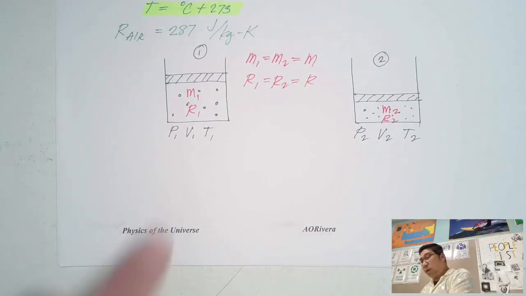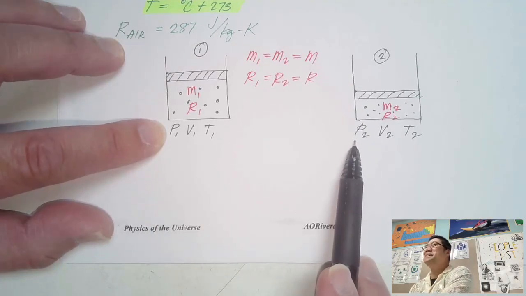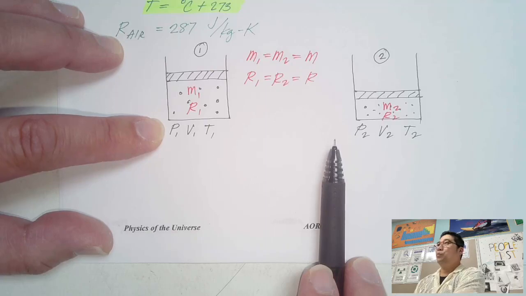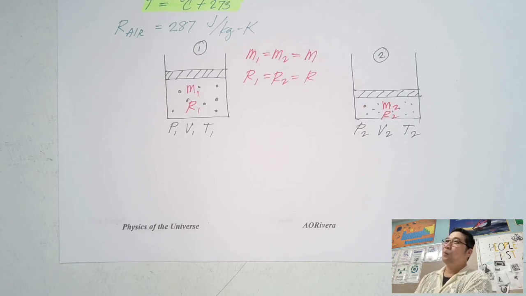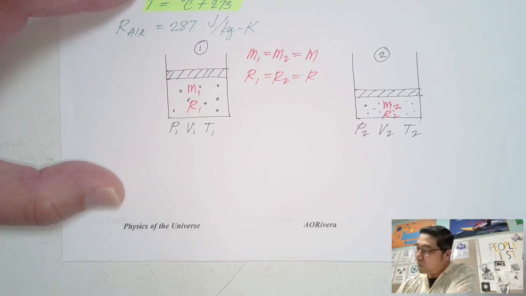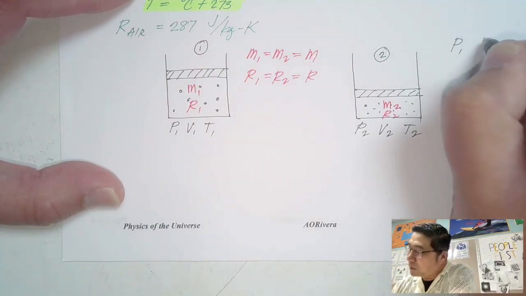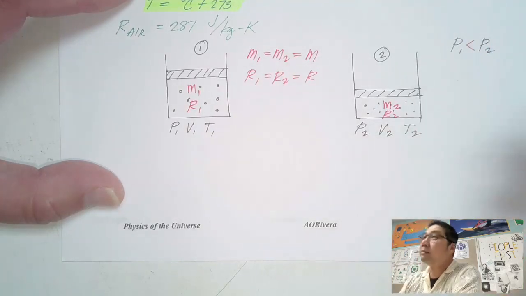Which one do you think has a greater pressure, P1 or P2? Anyone who would like to help her? Carmelo, what's your answer? P2. So P2 has greater pressure, because you compressed it.